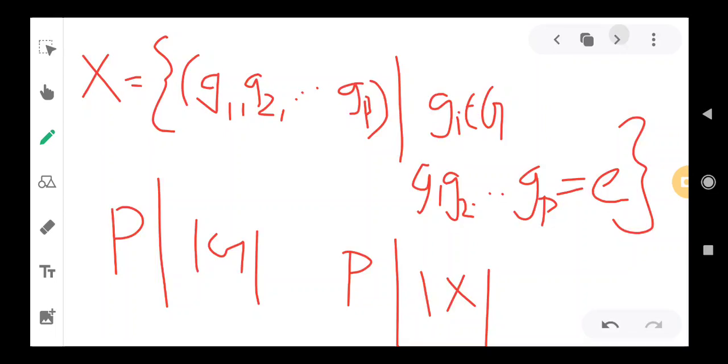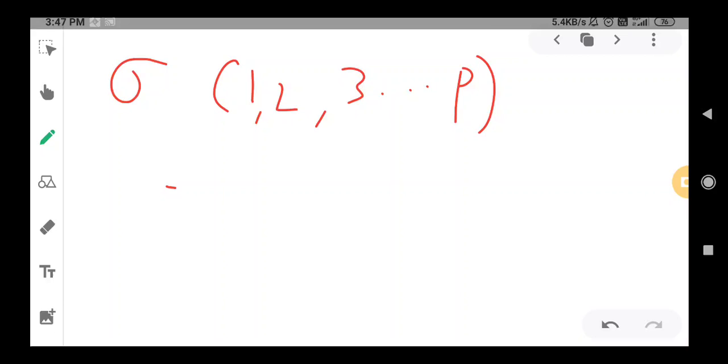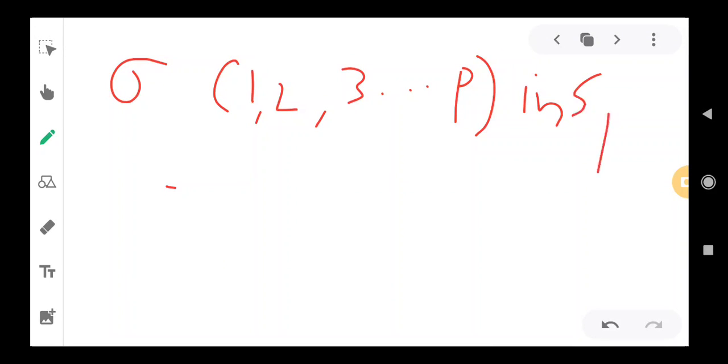Now we are taking a cycle sigma. Sigma is actually the cycle (1 2 3 ... P) in S_P. What do we mean by S_P? S_P is the permutation group.